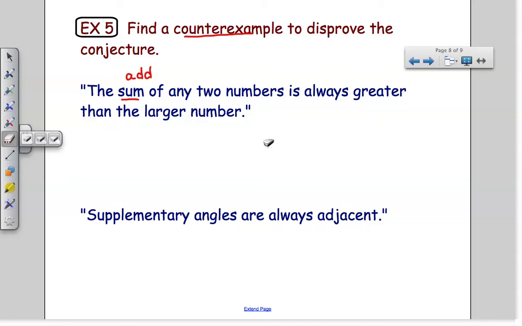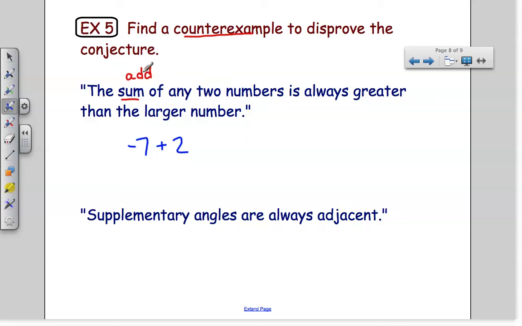But you got to think of other numbers. What kind of number could I include in here when I add these two numbers, where the sum is not greater than the larger number? Hopefully you're thinking of negative numbers. Because what if you do, how about negative 7 plus 2?